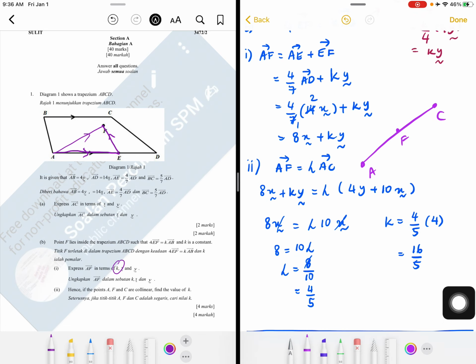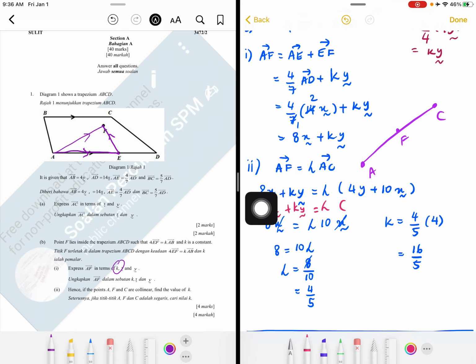So we substitute the AF we got just now, 8x plus ky equals lambda. We find AC first, the one from part A, so just take AC and put it here, 4y plus 10x. In this case, remember, you have to compare apple with apple. I always say this to my kids.